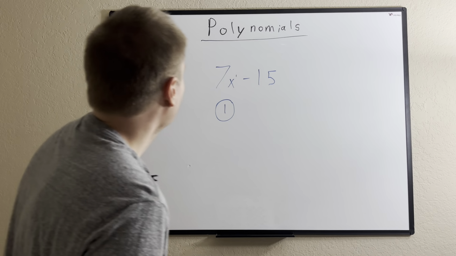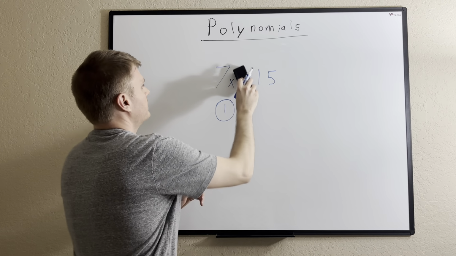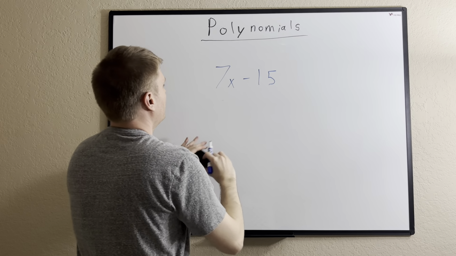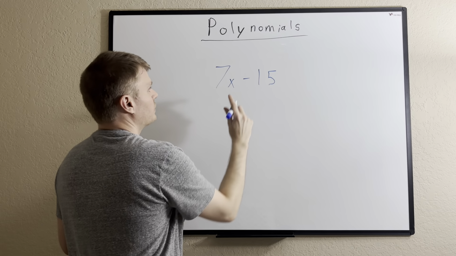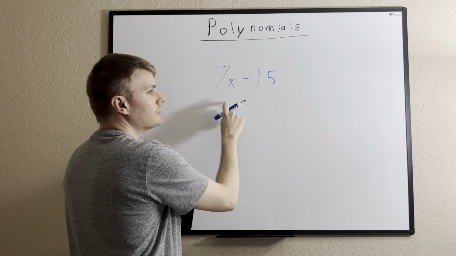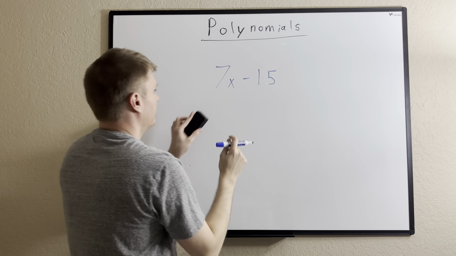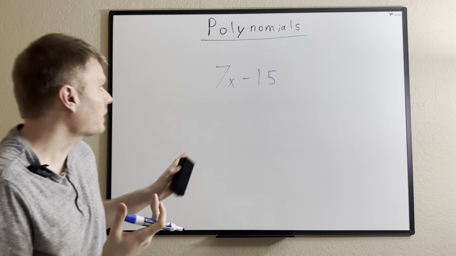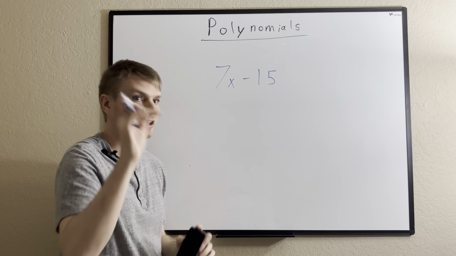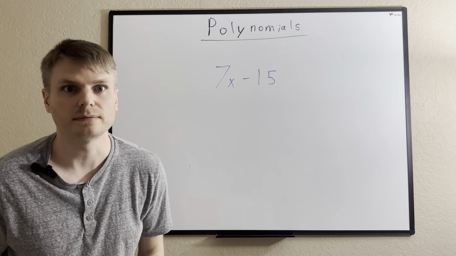Now, they call this 7x here the leading term. The leading term because it has the highest degree of x. So you just look for whichever variable has the highest exponent, and there's your leading term.